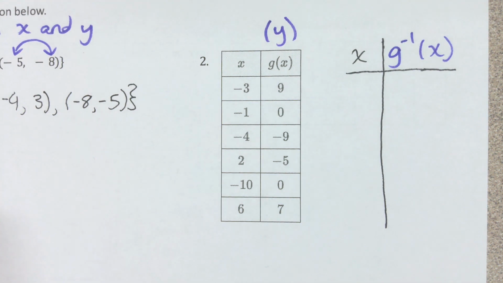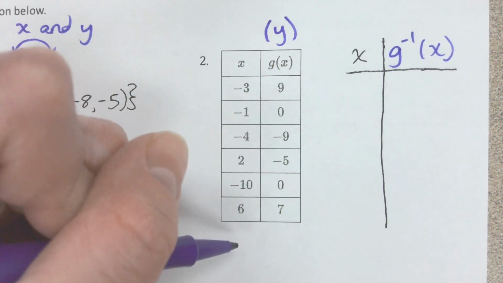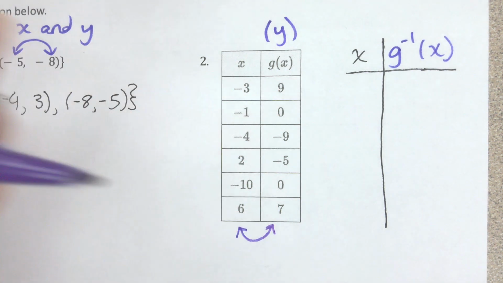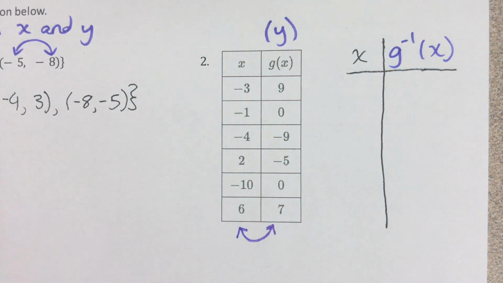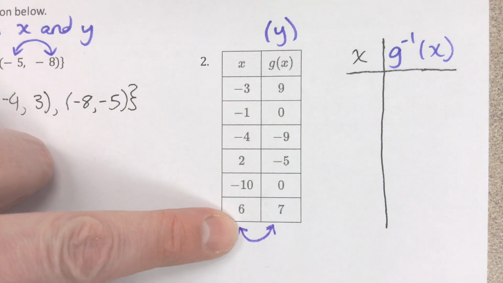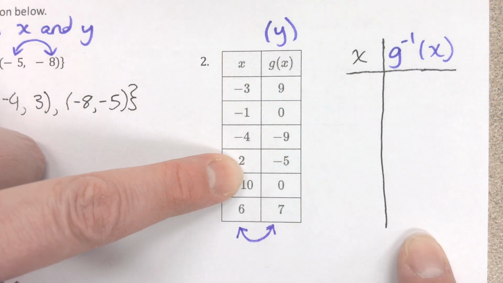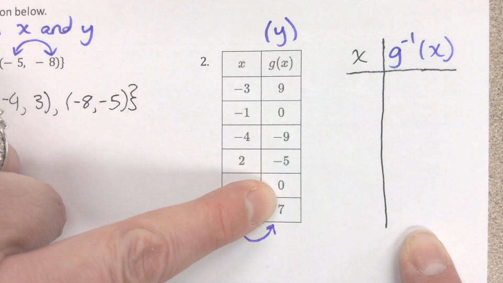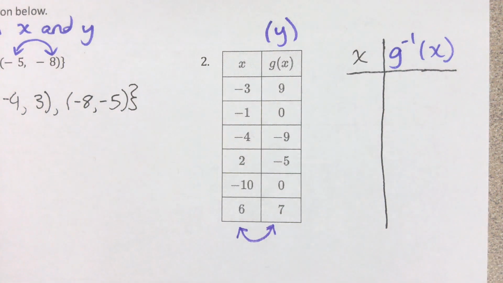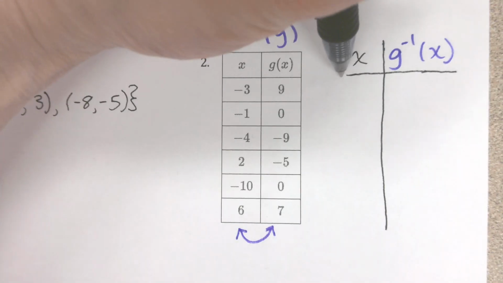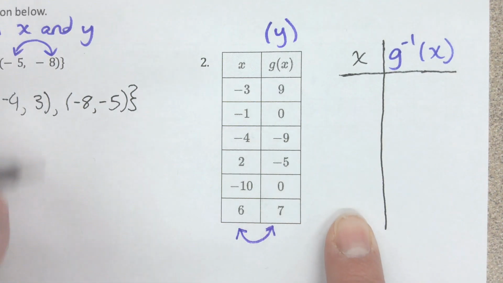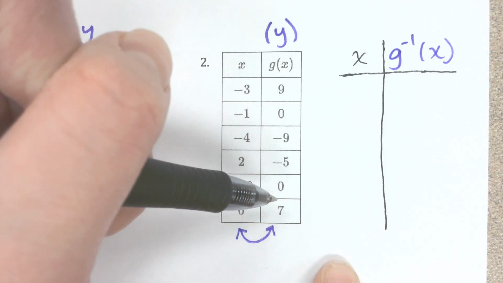Again, to take the inverse, we switch x and y. So we're going to flip these columns. The numbers in the x column in the left side are now going to go in the right side. And the numbers in the right side are now going to go in the left side. So I'm going to start with the left side first in my new table. So I'm going to copy down the right side into here.